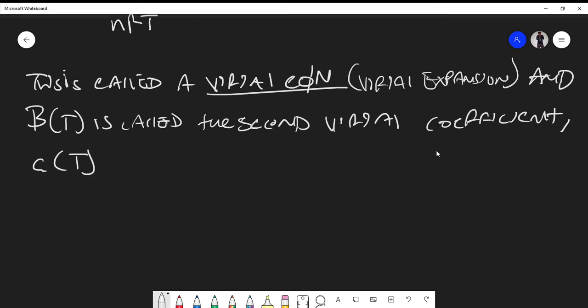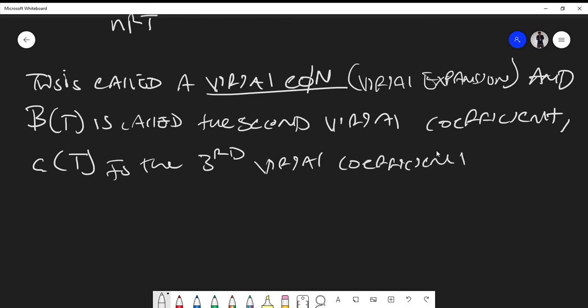C times T is the third virial coefficient. And obviously D times T you would expect to be the fourth virial coefficient.